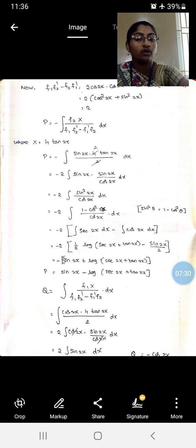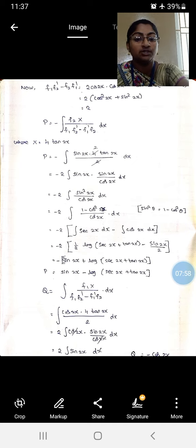So what is the formula for q? We already know that q equals integral f1 X divided by f1 f2 dash minus f1 dash f2 into dx. So write the value for f1, it is nothing but cos 2x, and also we know that the value of capital X is 4 tan 2x, divided by the denominator value 2, write it down into dx.